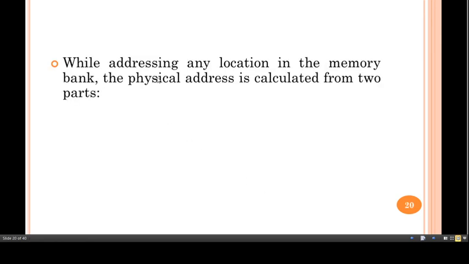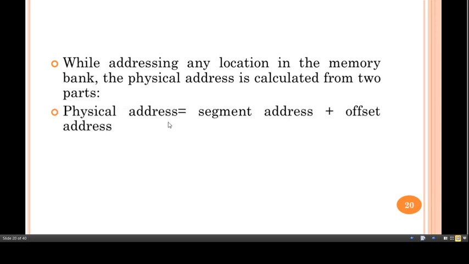While addressing any location in the memory bank, the physical address is calculated from two parts. Physical address is equal to segment address plus offset address.